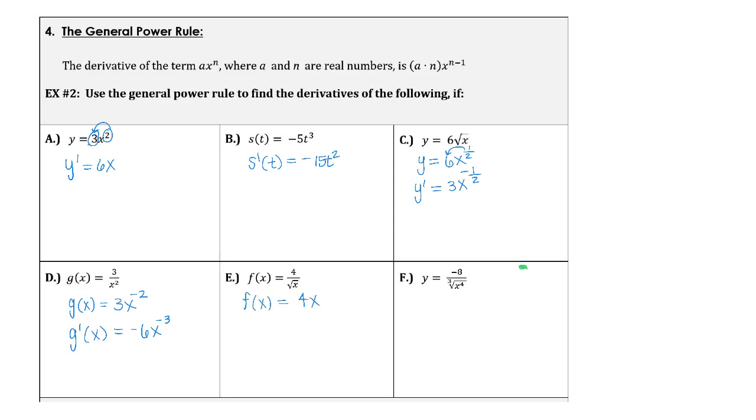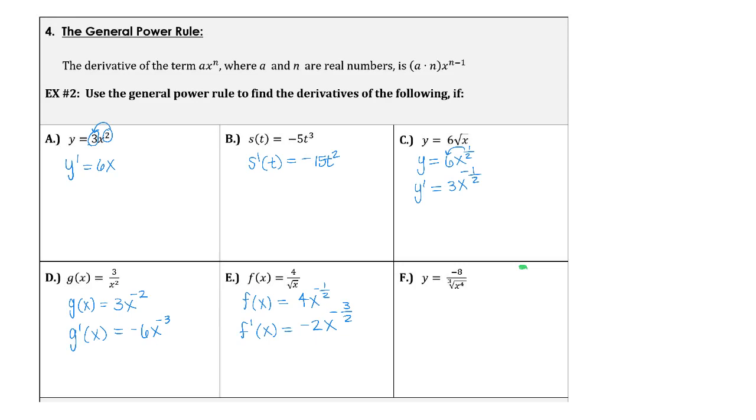It's going to be 4x to the negative 1/2. Is that okay? Good with the rewriting? And so f prime at x is going to be negative 2x to the negative what? 3/2. Negative 3/2. Because it's negative 1 minus 2 is negative 3, so it's negative 3/2. Questions?